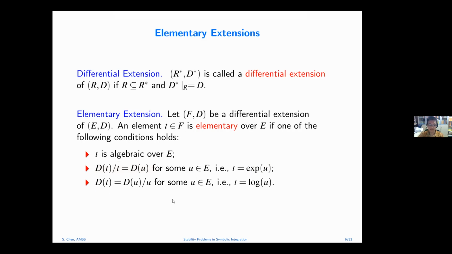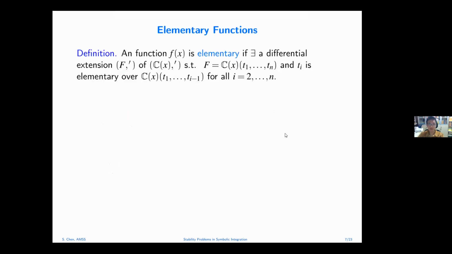Now for instance, let's take the rational function field. The usual log is a logarithm elementary over the rational function field. And then we can define the elementary functions. Once we have the elementary extension, we can define what we call elementary functions.